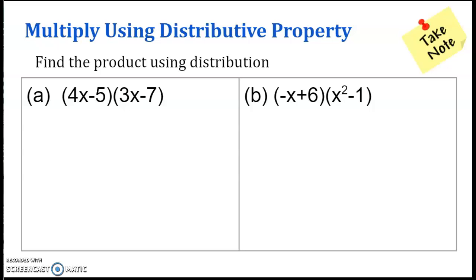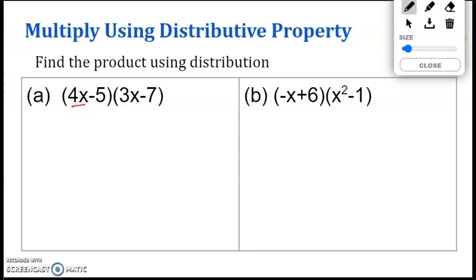All right, so the first term, 4x, is being multiplied to the second binomial. And to that, you're adding the second term, which is negative 5, multiplied by the second binomial.